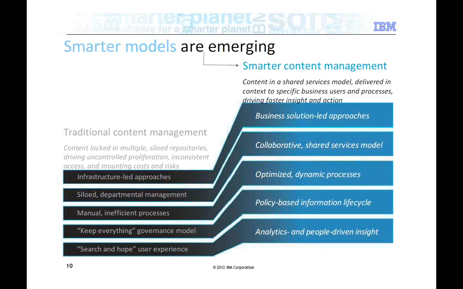Move away from the modality of keeping everything, towards a smarter policy-based information lifecycle governance, what we call defensible disposal. Also move away from simple search processes, towards a federated search capability both inside and outside your firewalls, plus analytics to derive insight from these. So these are the smarter models emerging in this industry.